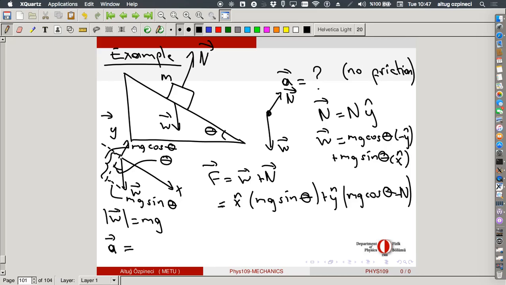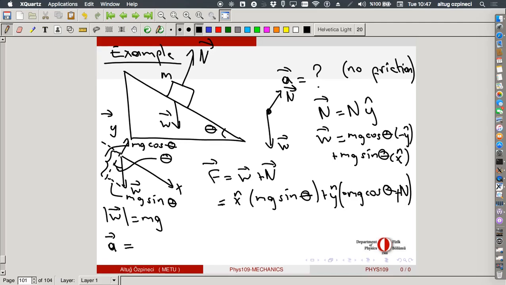Now the acceleration is in the x direction. We don't know its magnitude, so it should be a in the x direction.